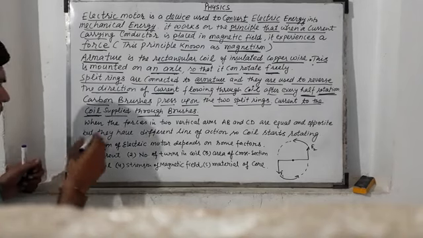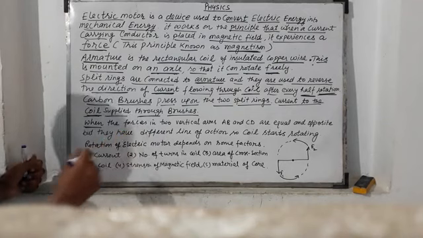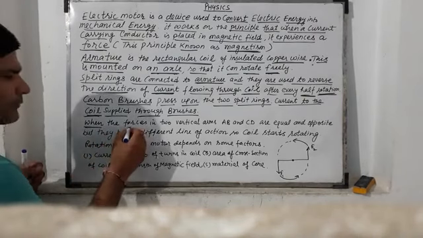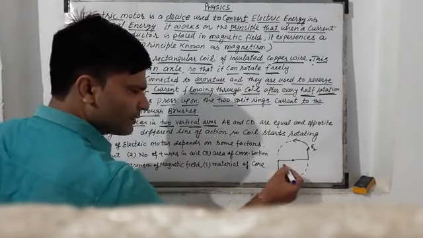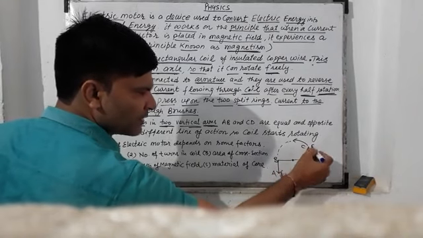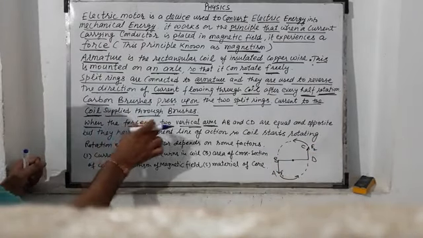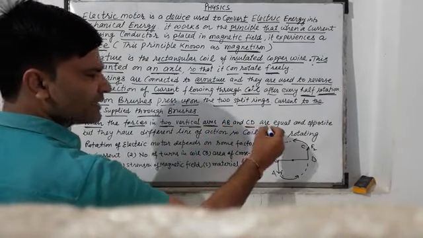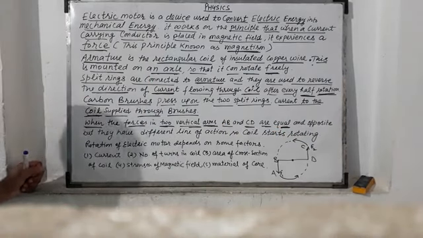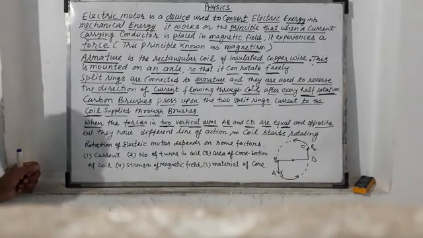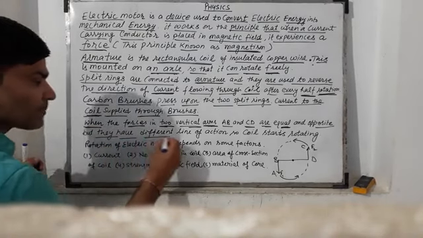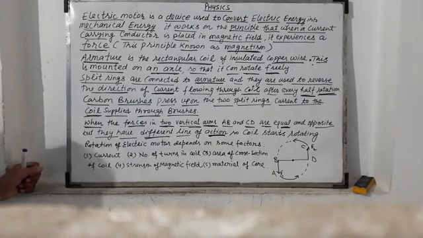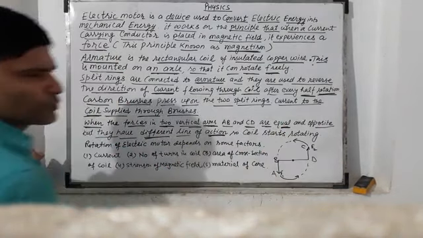Now how does the motor work? When the forces in the two vertical arms AB and CD are equal and opposite, they cancel each other.